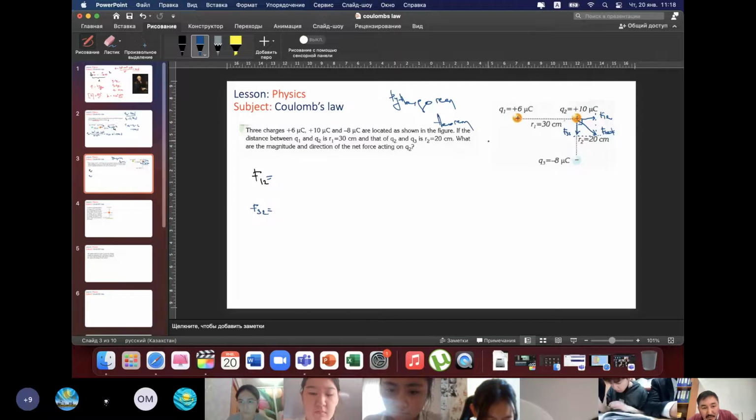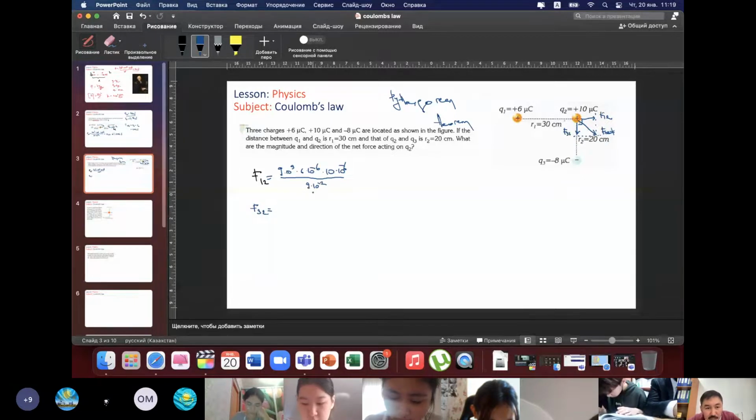9 times 10 to the power of 9 times 6 times 10 to the power of minus 6 and Q2, that is 10 times 10 to the power of minus 6, over d squared, which is 30 centimeters, I'll write as 9 times 10 to the power of minus 2. That's equal to 6 newtons.